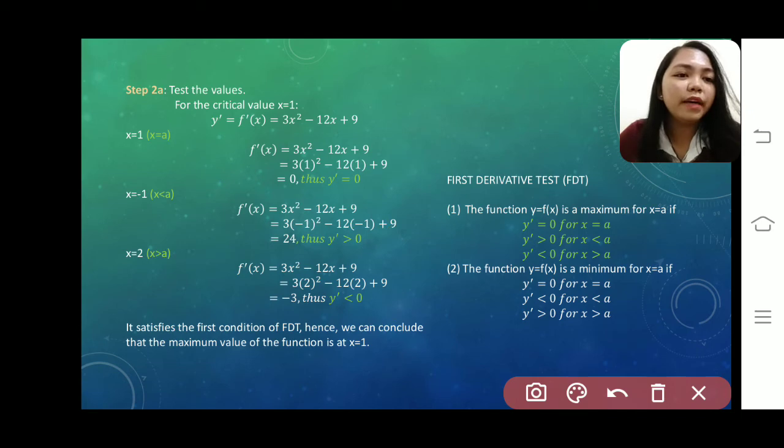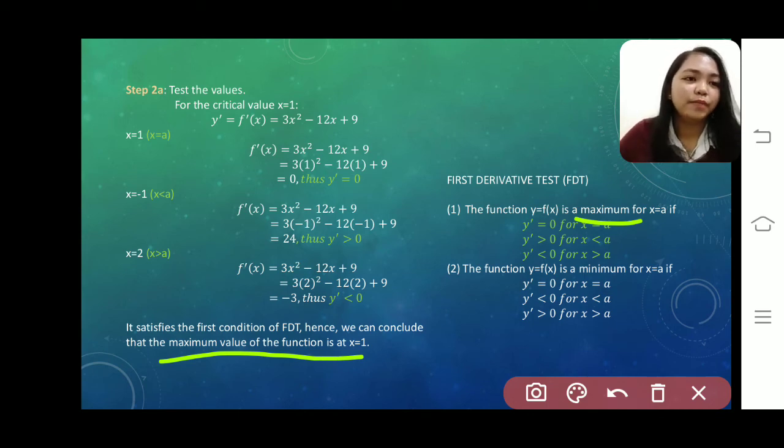Therefore, it satisfies all the conditions for a maximum. Therefore, it is to be considered as the maximum value of the function.